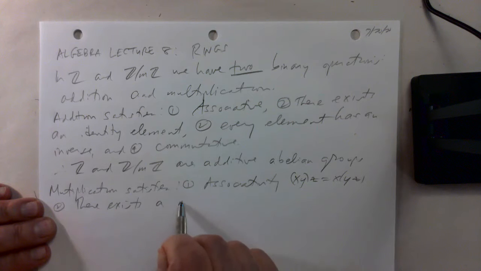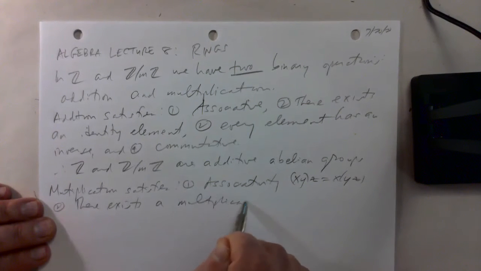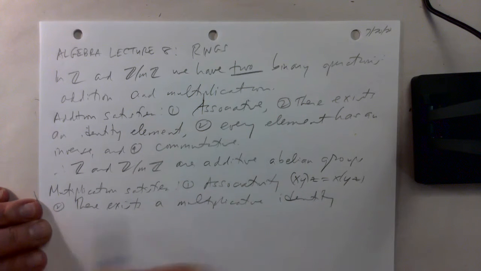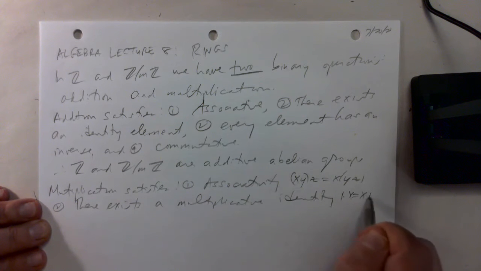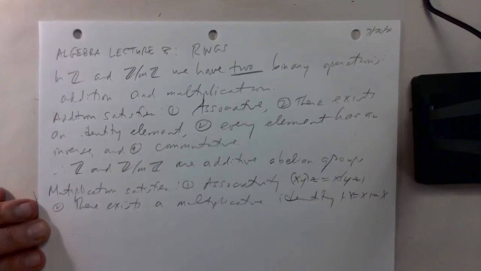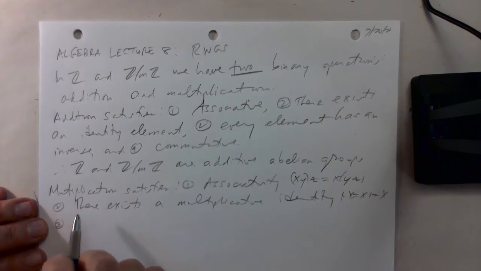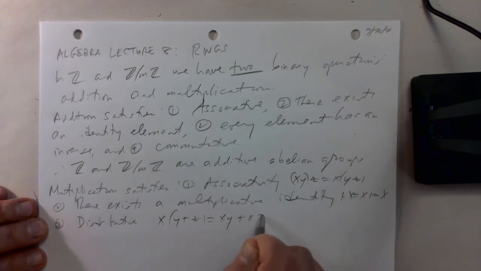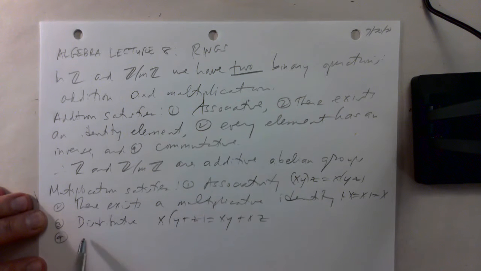There exists a multiplicative identity. 1 times X equals X times 1 equals X for all X. We have the distributive laws. X times (Y plus Z) is XY plus XZ. And multiplication is commutative. XY equals YX for all X and Y.